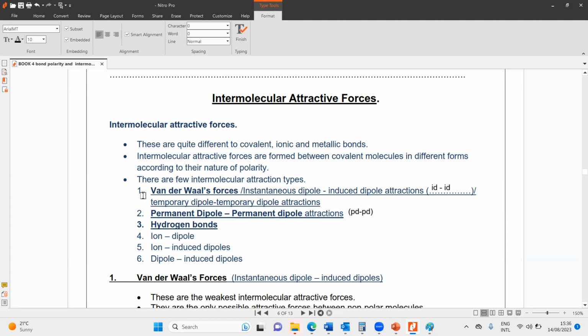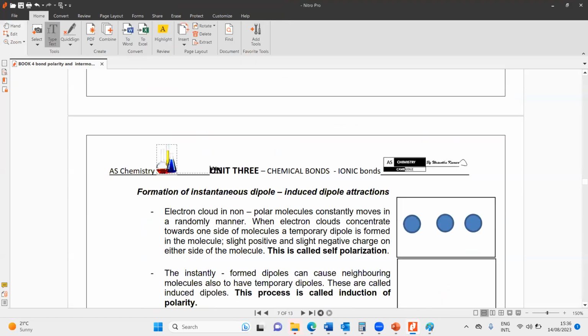We are going to discuss the first one, second one, and third one, but not the fourth, fifth, and sixth. There are so many other types of intermolecular attractive forces, but our attention goes only to three things: Van der Waals forces, permanent dipoles, and hydrogen bonds. So let us focus on these three things and try to get the idea. First, we go to Van der Waals forces.